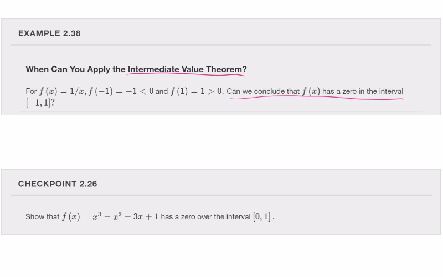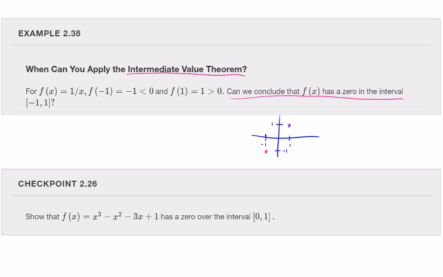Let's just picture this graph for a second. So we're saying that f of -1 is equal to -1. Let me give myself a little more room here. So we're saying that the graph has this point here, and f of +1 is positive, the output is +1, so we have a point here.